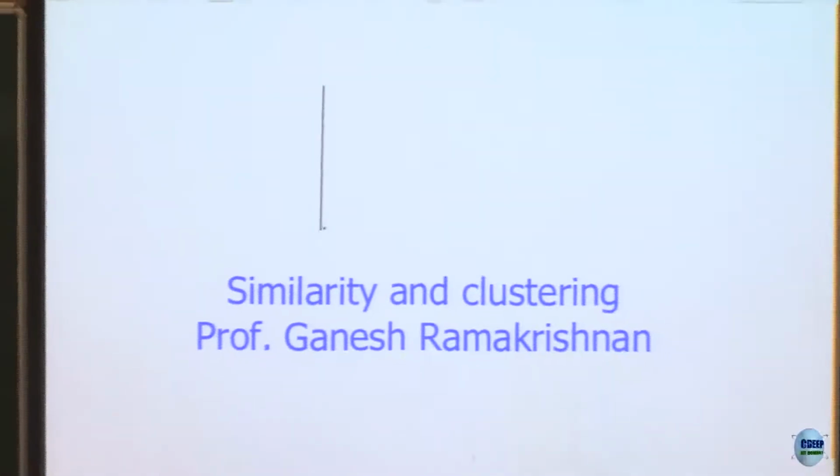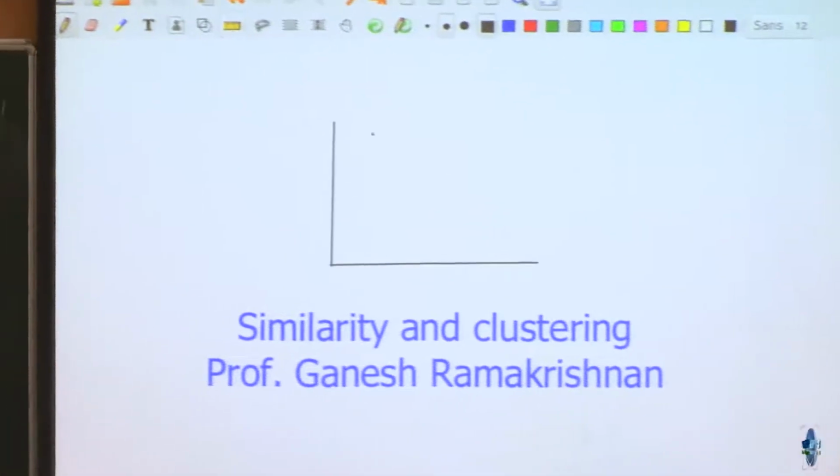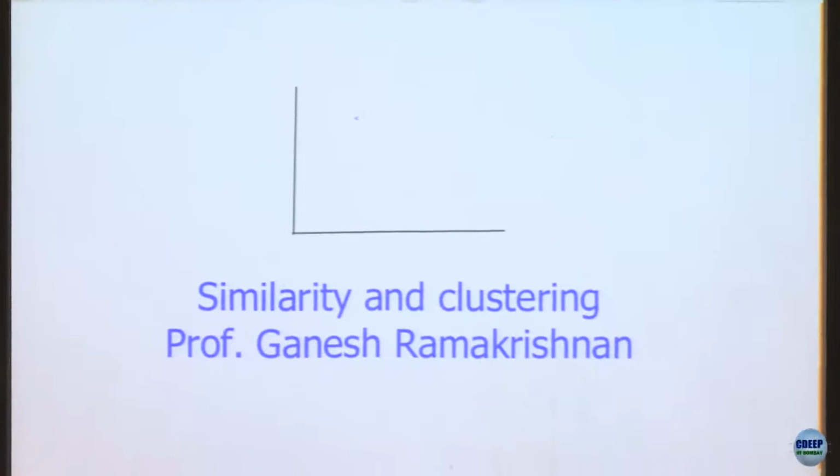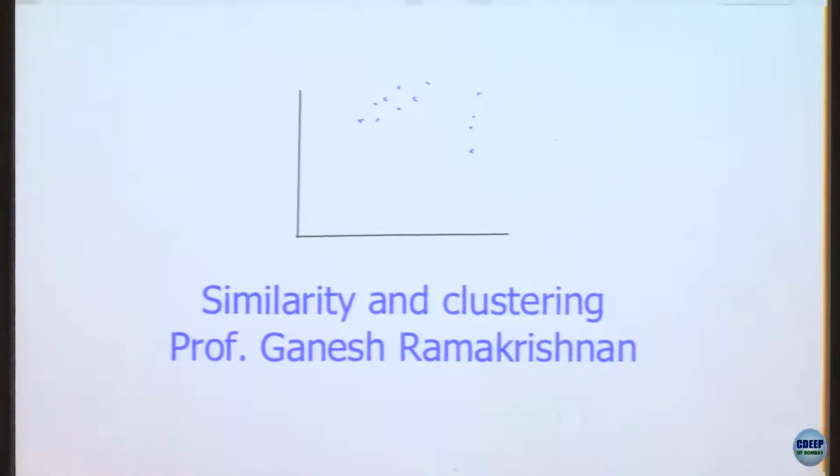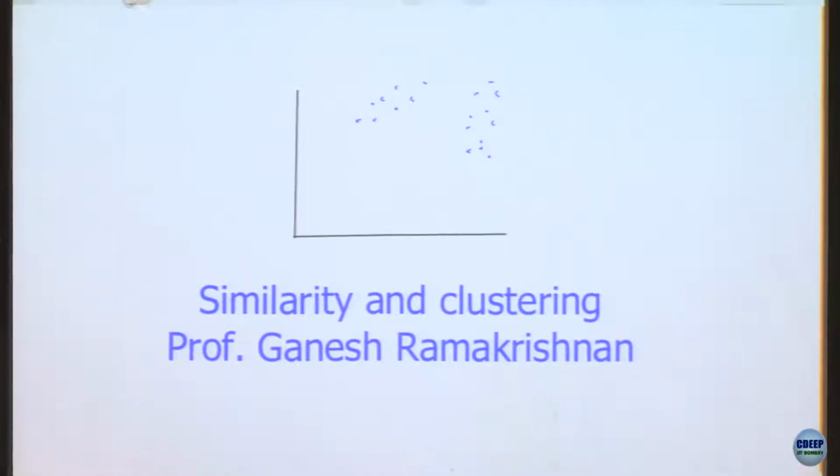As I pointed out in the beginning of the class, I give you these points, right? You can try and cluster them, and that clustering is also based on similarity. Similarity helped us find PCA and also kernel PCA, and you can use similarity to also cluster points. So therefore similarity goes very closely with clustering.